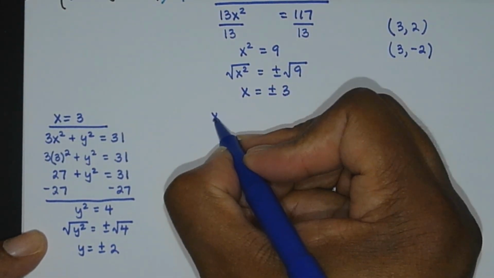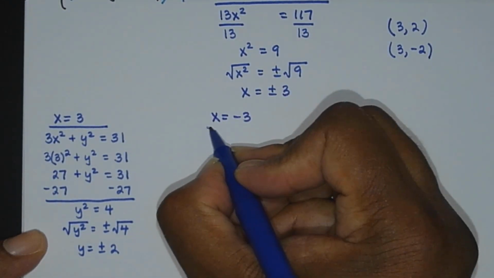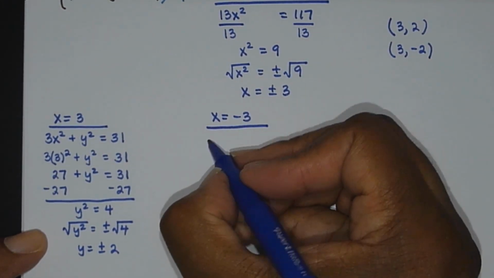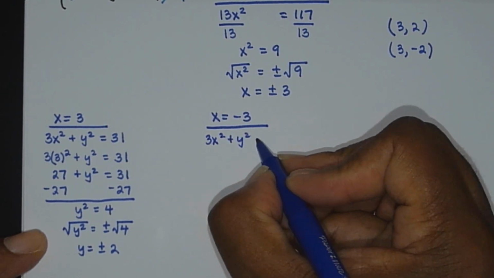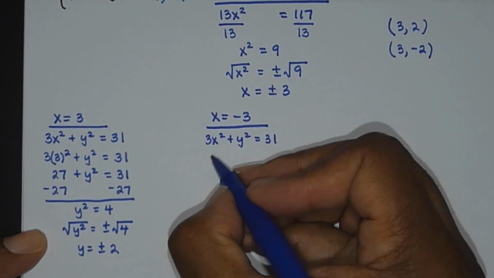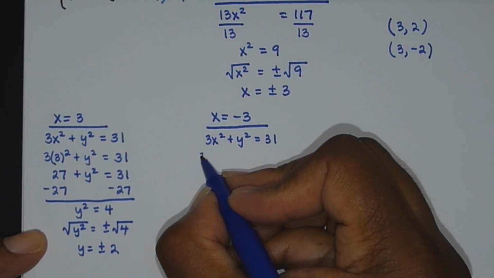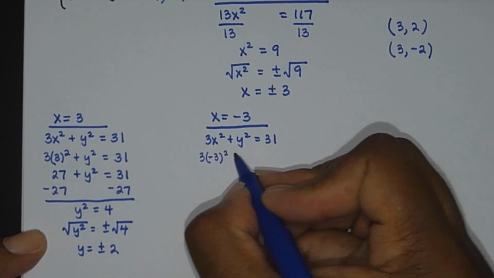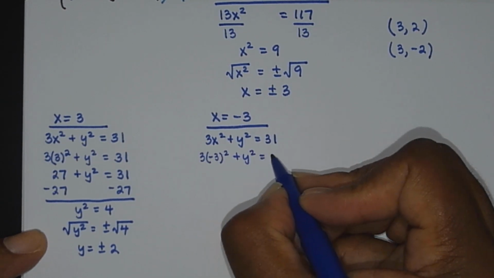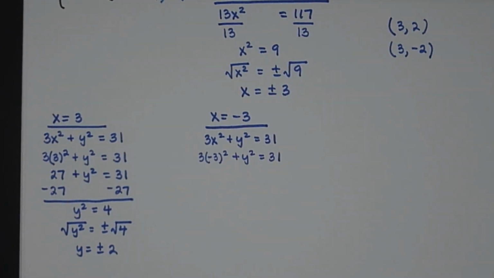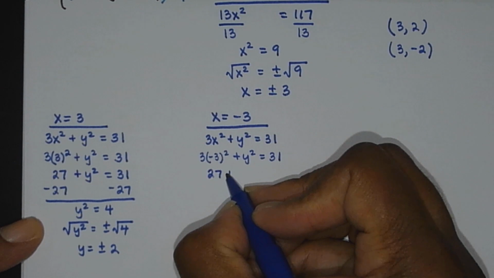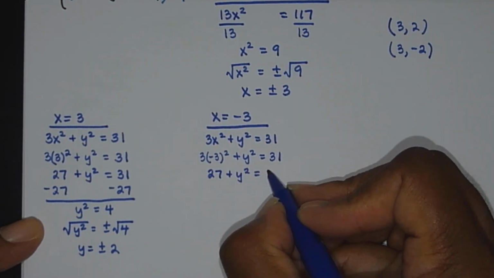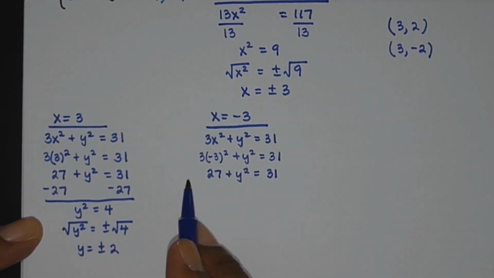Now let's deal with x equal negative 3. I'm going to use that same equation. So if I replace the x with negative 3, that'd be 3 times negative 3, and that's squared, plus y squared is equal to 31. Square the negative 3, you're going to get 9. 9 times that 3 in front will be 27, which is the exact same equation as I had when I substituted the x with positive 3.